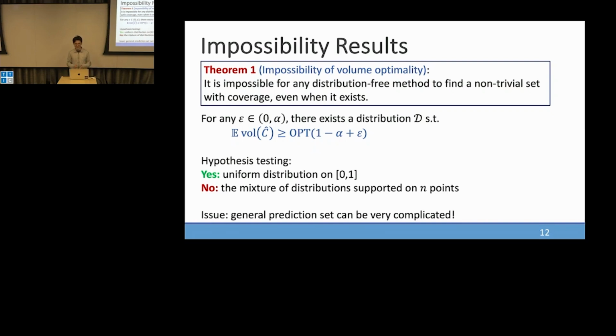And the no case is you take a mixture of distributions supported on n samples from this uniform distribution. Then these two distributions will be very close, whereas for the no case, you can just output a prediction set supported on those points. So you get a really small volume prediction set. While in the first case, you need to output long intervals to cover the probability mass.